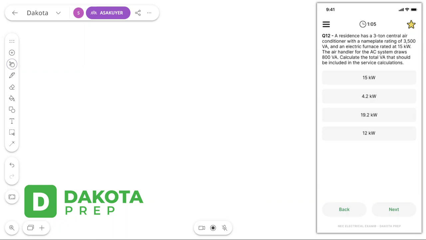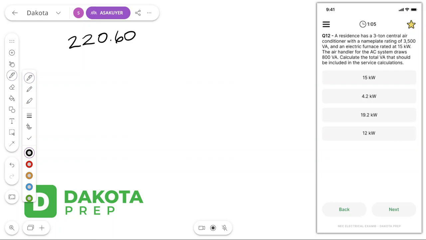I'm going non-coincident. So non-coincident, non-coincidental, whatever you want to call it, it's pretty much the heat and air clause, right? When it comes to sizing services for residential or dwelling units. Okay, and now the rules for this, there's a couple that are important, but 220.60 is going to be extremely important, obviously.